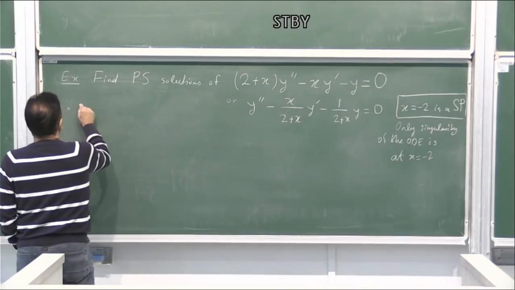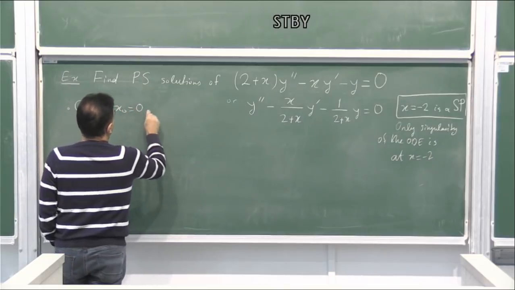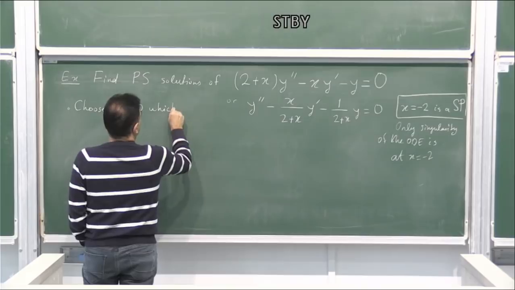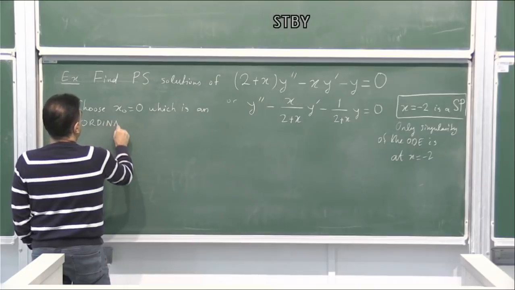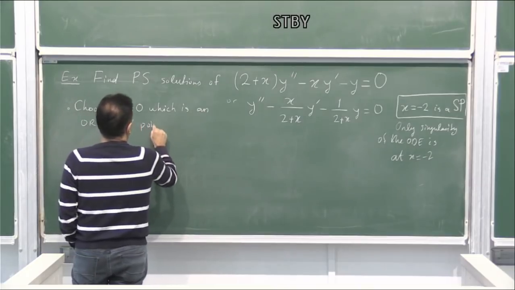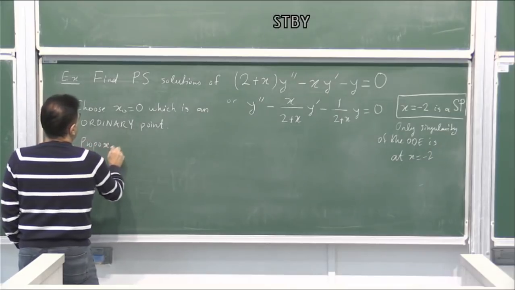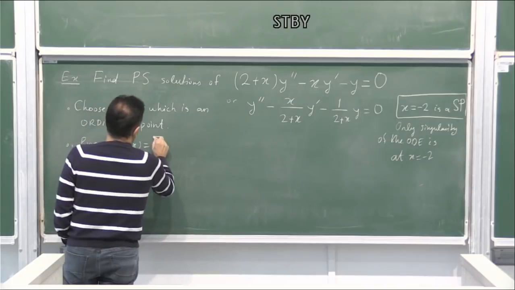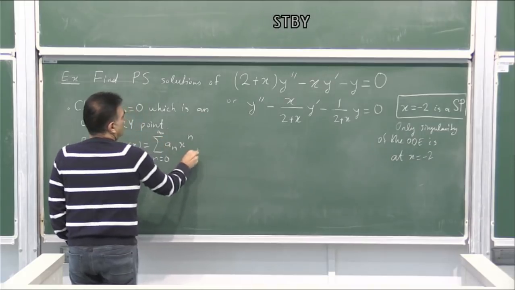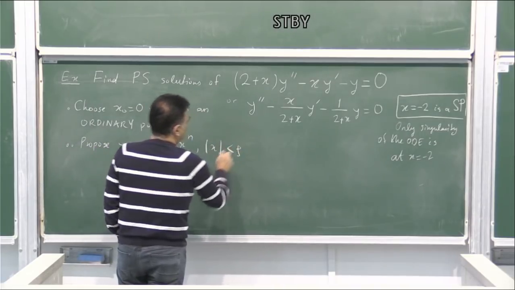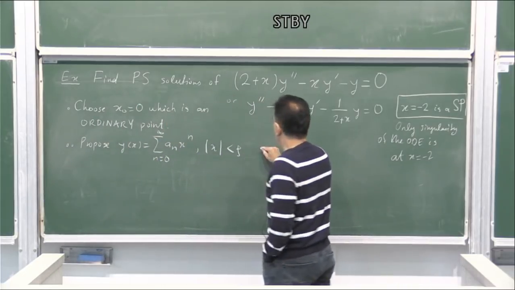So choose again, for simplicity, x0 equal to 0, which is an ordinary point. So accordingly, we propose a power series solution of the form sum of a_n x to the power n again. So the radius of convergence is very well known to be non-zero. What about rho?